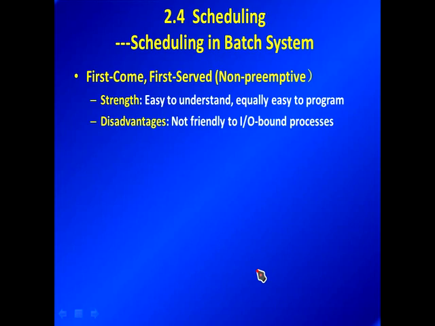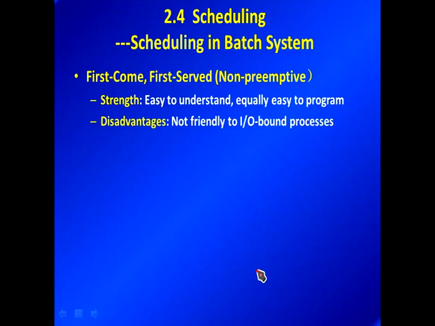After we explain the basic idea of the two non-preemptive algorithms for batch systems, we're going to illustrate how to apply these two algorithms to solve a certain scheduling problem, for FCFS and SJF. These two algorithms, you need to grasp them completely, okay?